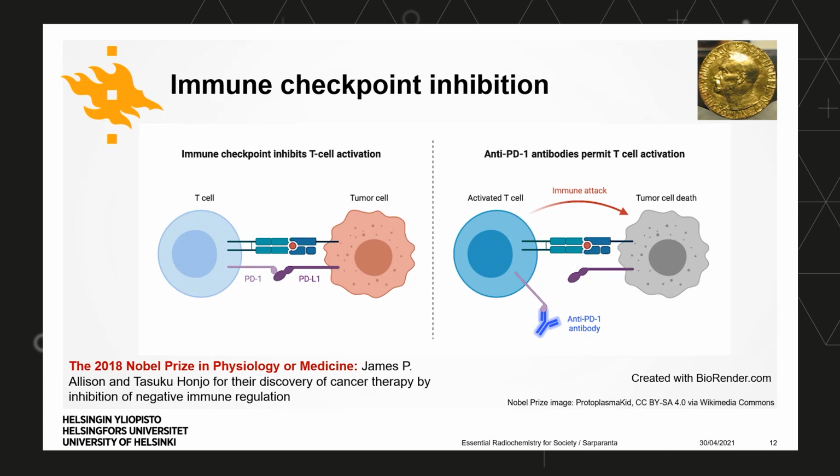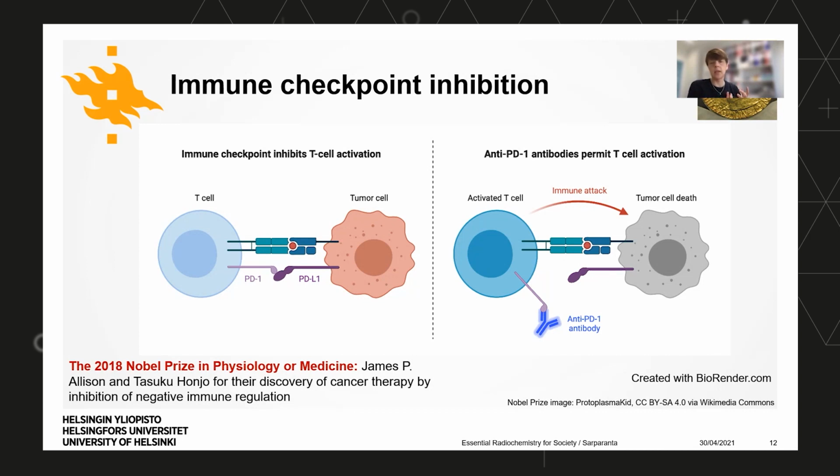What they discovered was that this immune suppression by cancer cells is mediated by something known as immune checkpoints, here shown by PD-1, programmed cell death protein 1, a protein on the T cell surface that binds to PD-L1, the ligand of PD-1 on the tumor cells, and that prevents the cytotoxic attack of the T cell on the tumor cell.